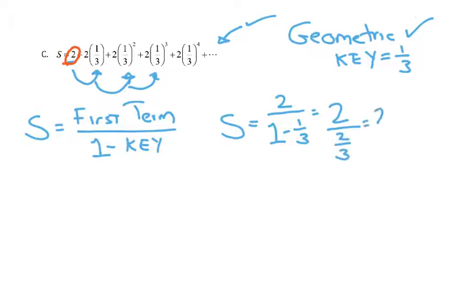So again, we keep the numerator, we change the operation, flip the denominator, and this time, what is 2 times 3/2? Well, you can always turn 2 into a fraction if you want, and then you see that it's 6 over 2, which is 3. So this sum is 3.